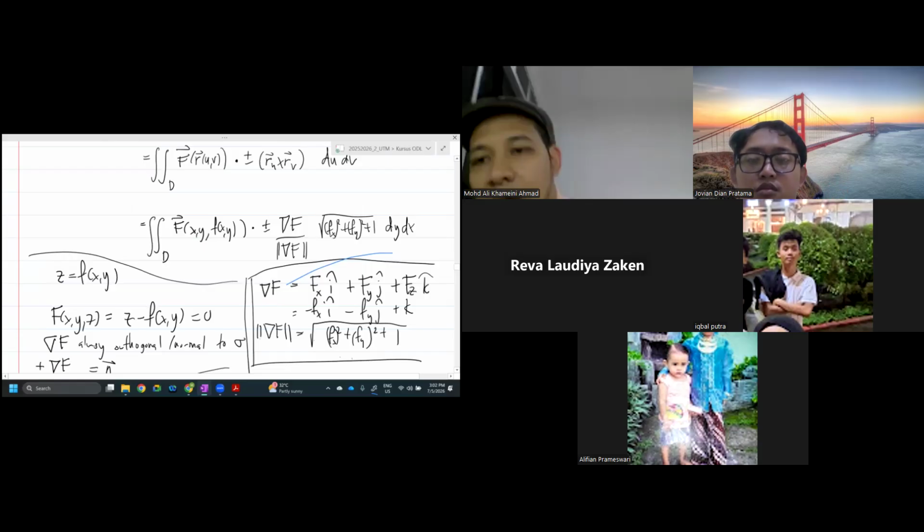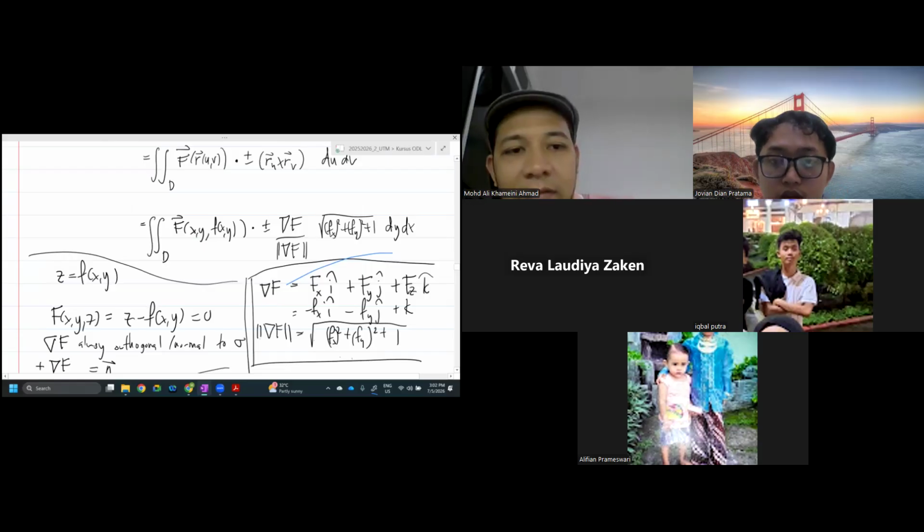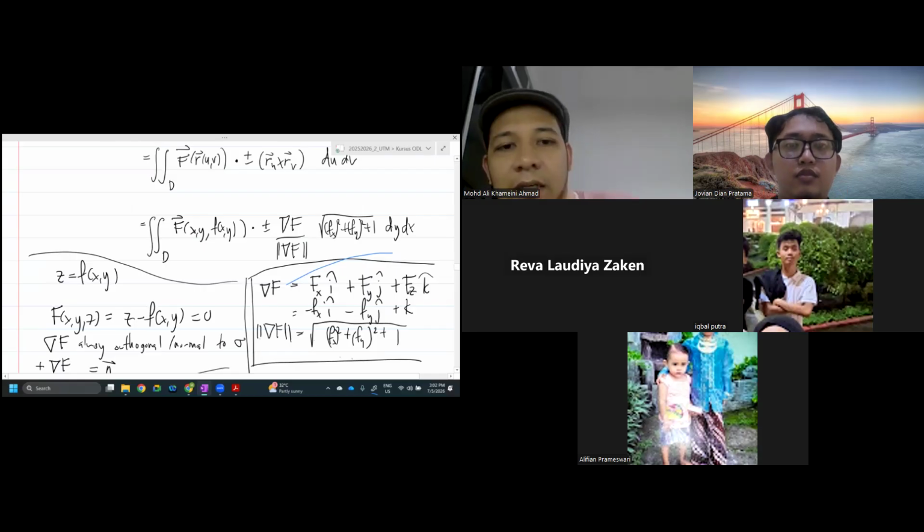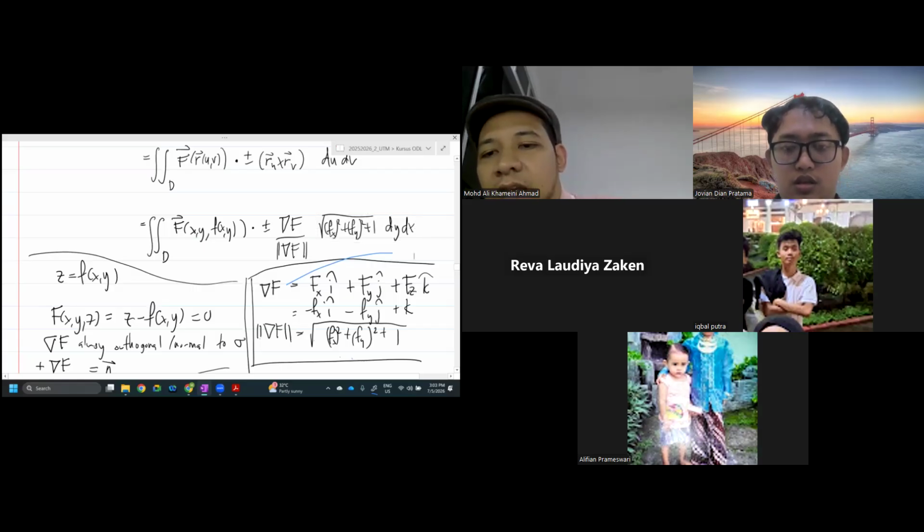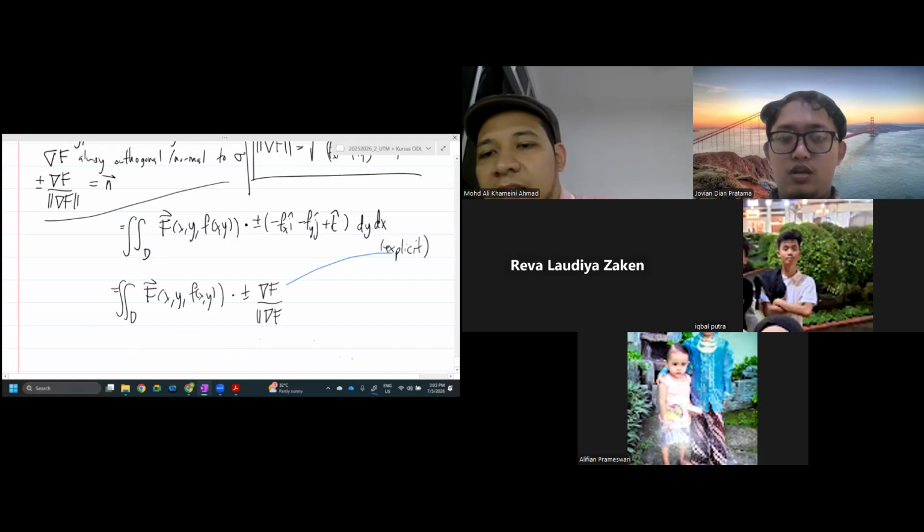For implicit, you will have something like this: F(x, y), and then you have plus minus the gradient of F, and the dS there should be the magnitude of the gradient of F divided by, you make a dot product with k there, if you recall, dy dx.